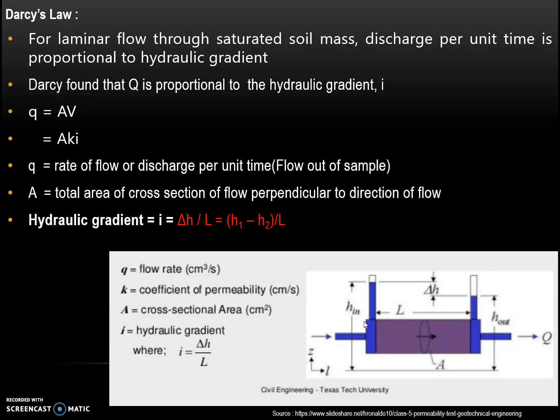And the difference between H in and H out is head loss, that is delta H, which we had seen that delta H is equal to H1, that is H in, and H2, that is H out. L is the length of the soil sample. So delta H divided by L will give us hydraulic gradient I.